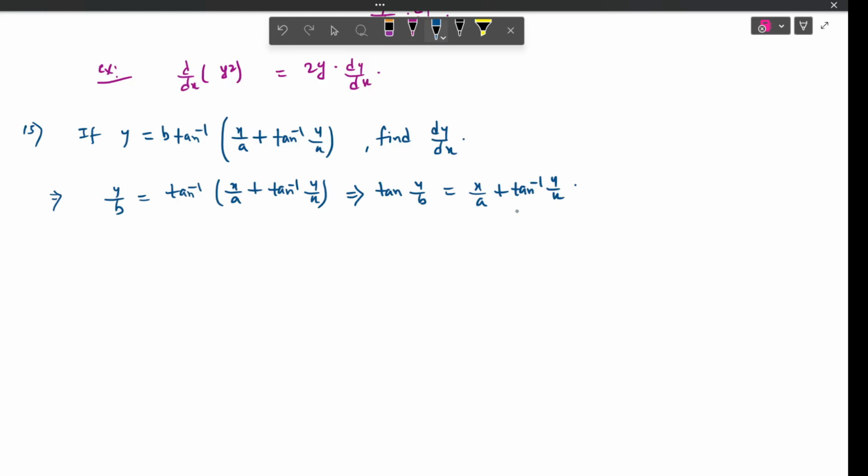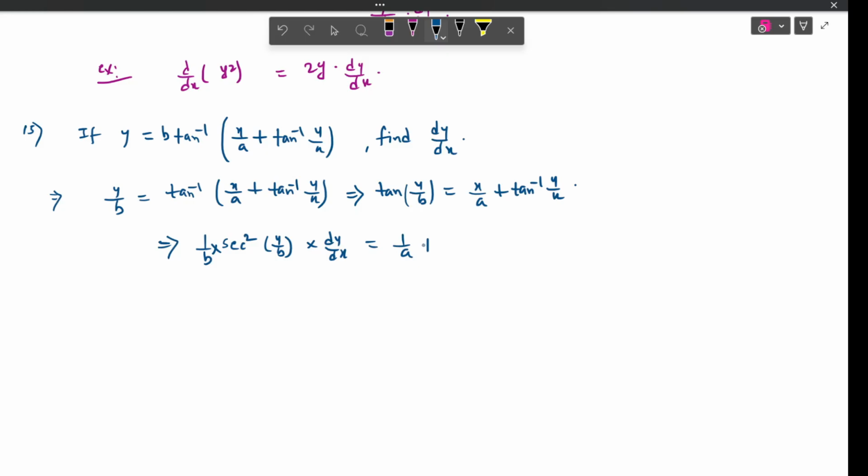Now we have to differentiate both sides with respect to x. See here y is a function of x. So it is in the form of implicit function, right? So tan x differentiation is sec square x. So you will get sec square y by b. If you move into the bracket, then 1 by b will come out as it is a constant. Differentiation of y is dy by dx. 1 by a is a constant.